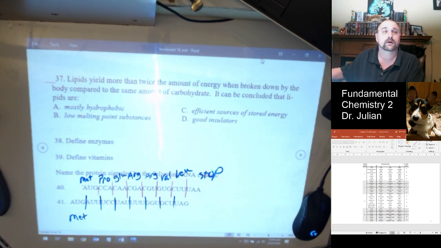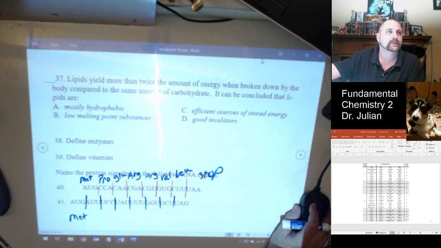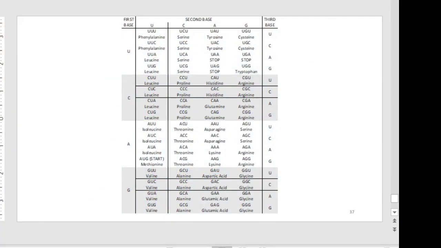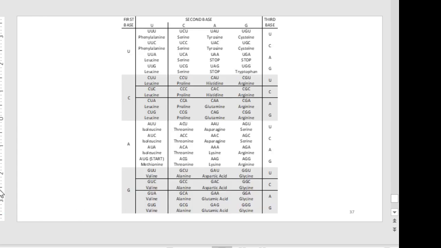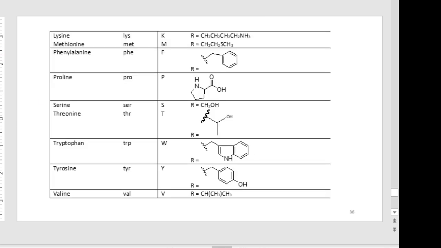I don't remember the code for that, so I'm going to come over here, isoleucine, and figure out that isoleucine is ILE. So I can use these tables in conjunction. So UCC, so I come over to UCC, that's serine. And if I'm not sure what that is, it's SER.